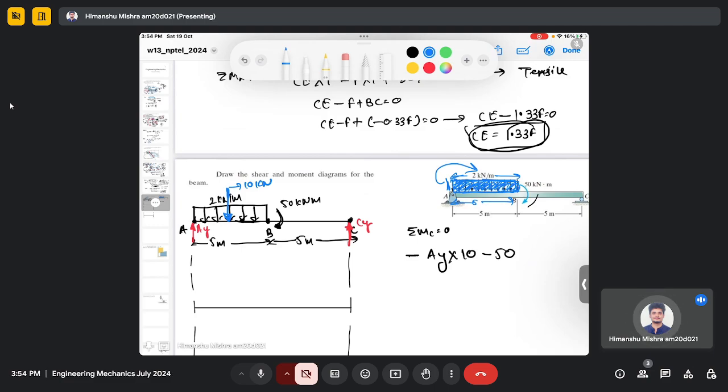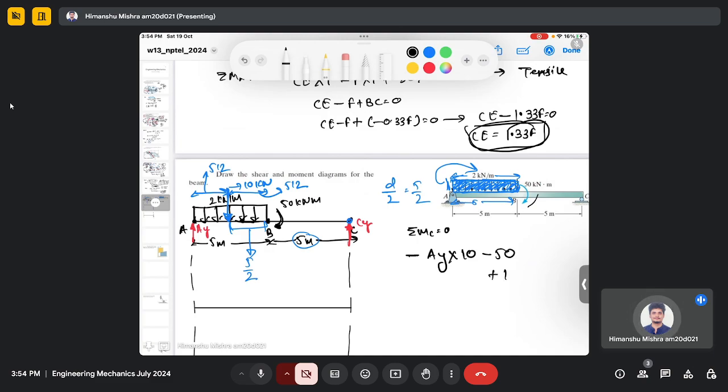And in order to determine the distance, you need to calculate its centroid. The centroid of a rectangle is always d by 2. Here in this case it's 5 by 2 from point A. So the distance from point C is 5 meter plus 5 by 2.